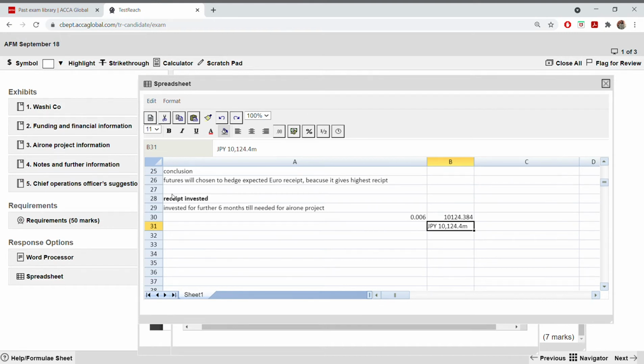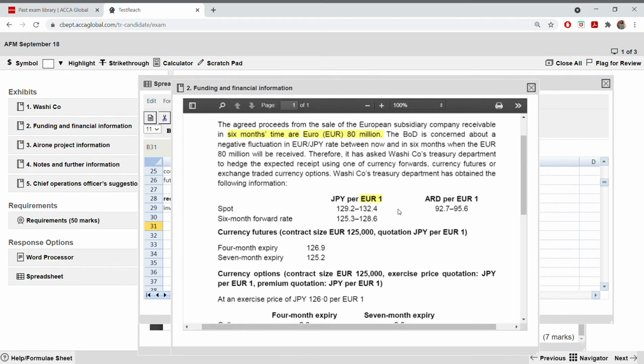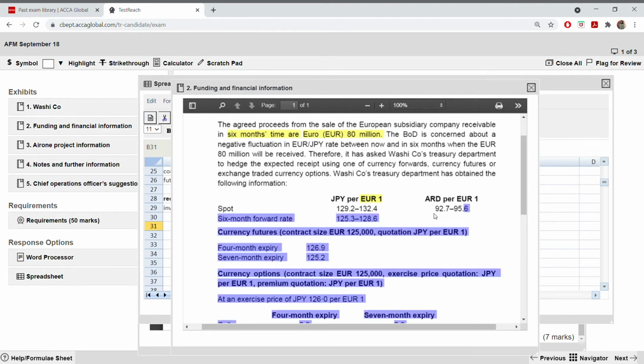Now if you go to your exchange rate, we don't have a currency where you can directly convert your Japanese yen to ARD. First you have to convert the Japanese yen into euro, and then using this rate you have to convert the euro into ARD. That means twice we have to convert.